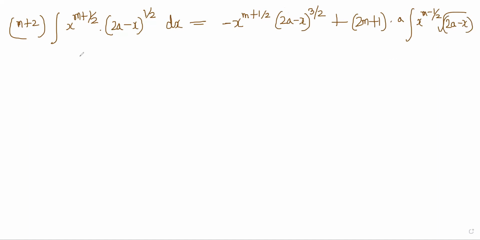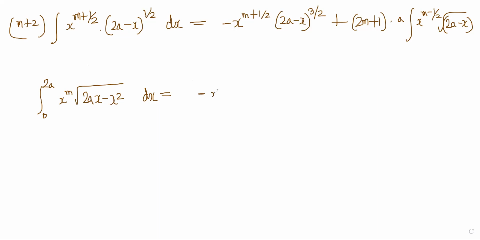That just tells us that if I integrate this now, 0 to 2a, right? This part becomes 0 to 2a, and I can take x power half inside. So it will become x power m root over 2ax minus x square dx is equal to this integration.